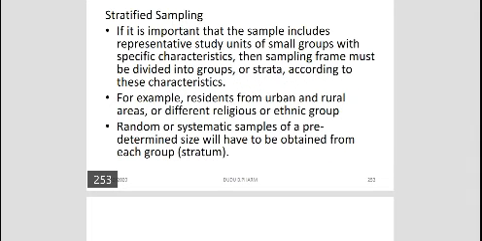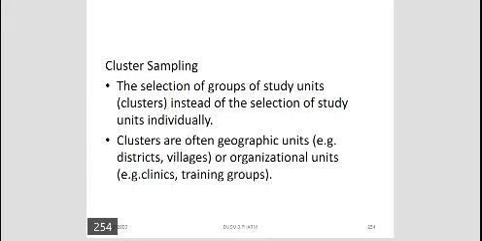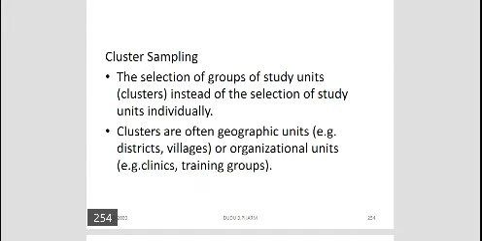For example, residents from urban and rural areas, or different religious or ethnic groups. A random or systematic sample of predetermined size will have to be obtained from each group, and we call it a stratum. That is simple and common. I think anyone can understand this.